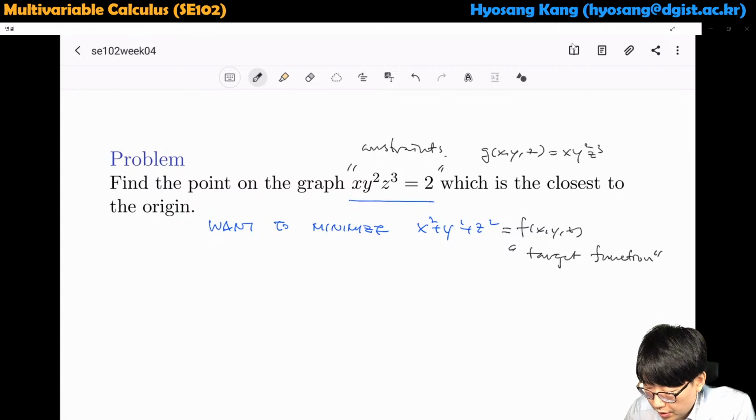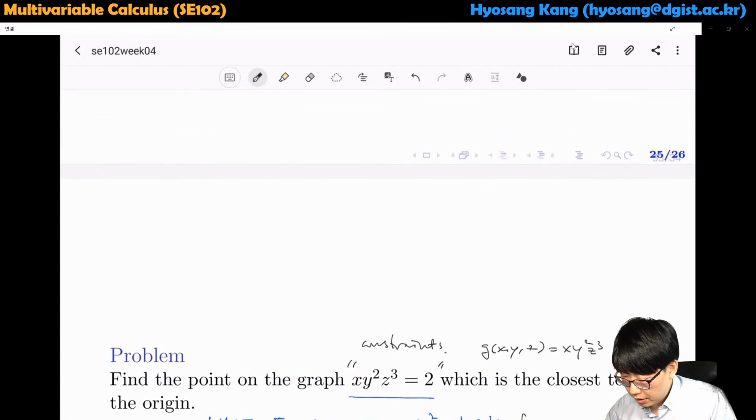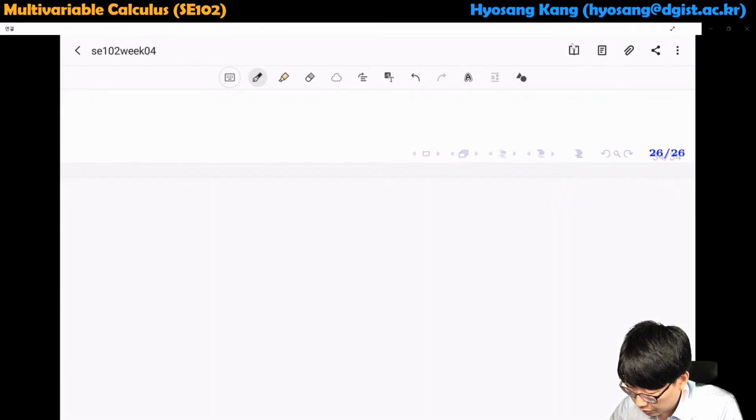Okay. So the situation is similar to the two variable function case. We have a target function and we have a constraint. I want to find a local minimum or local maximum, the local extremal of the function restricted to the constraint, not on the entire plane. Okay. So that will be covered in the week after next week.